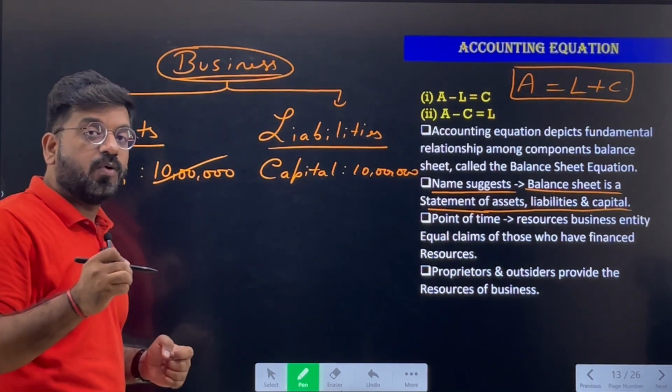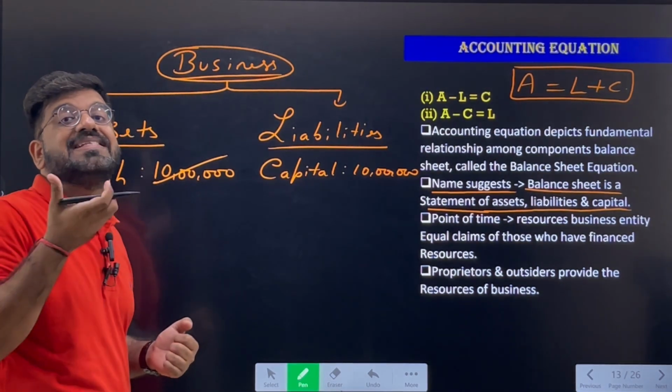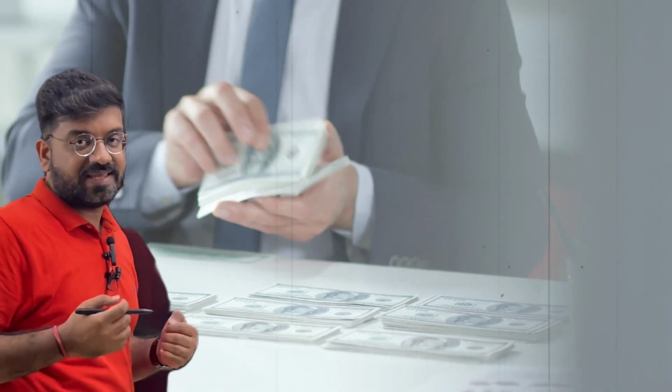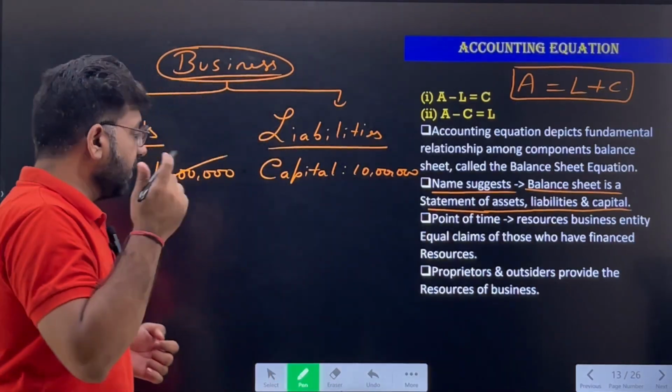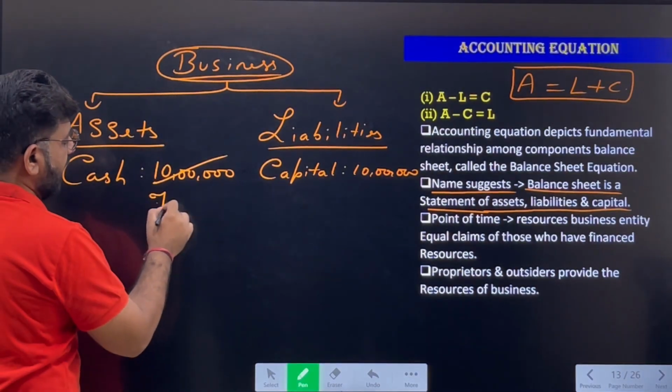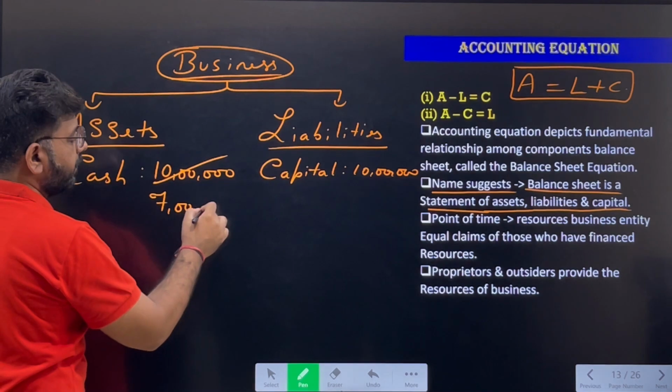Why? Because now I will remain with only 7 lakhs as cash. Obviously, I had 10 lakhs rupees worth of cash with me, of which I have purchased the machinery for 1, 2, 3, 3 lakhs. So now the remaining cash will be 7 lakhs. Is that clear? So I will have a cash of rupees 7 lakhs in my hand.